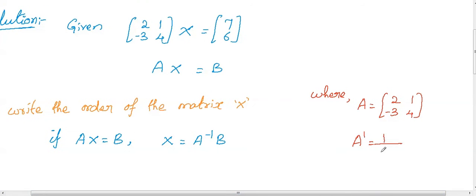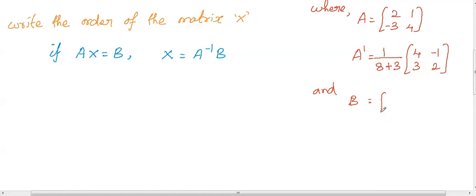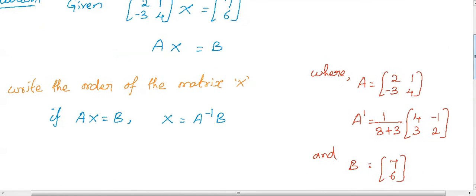A inverse is 1 by 4 times... 2 times 4 is 8, and minus 3 into 1 is minus 3, and we have one more minus, so 8 plus 3, which is 11. The matrix is 4, minus 1, 3, 2. And here B is 7, 6.